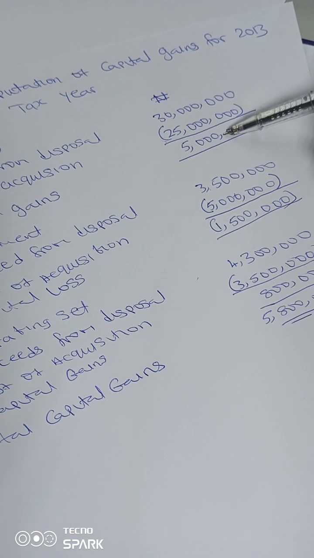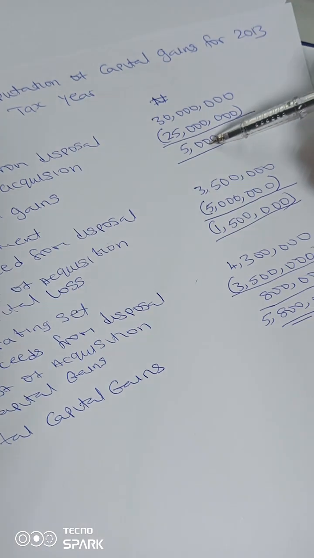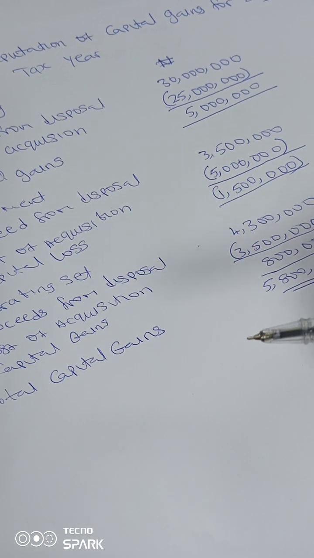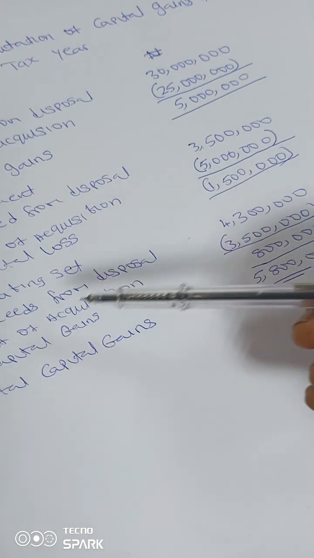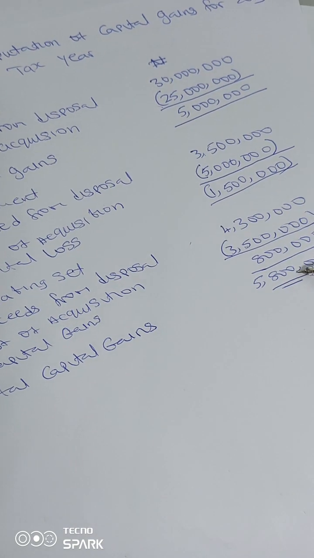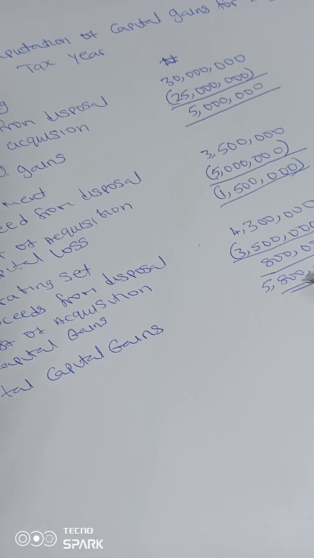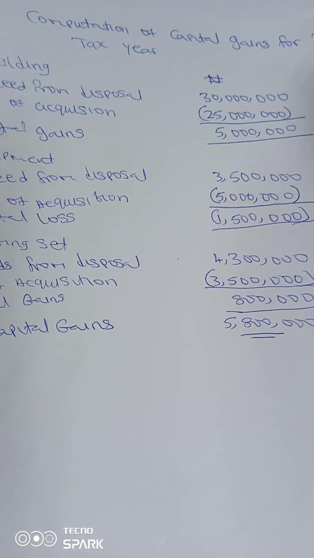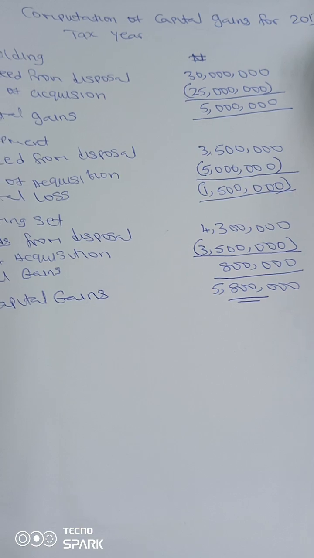The profit coming from the building and the profit coming from the generating set, we add it up to give you 5,800,000. This is the total that we made.